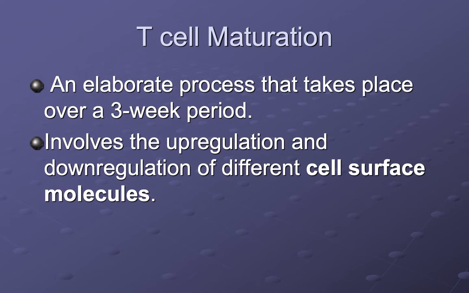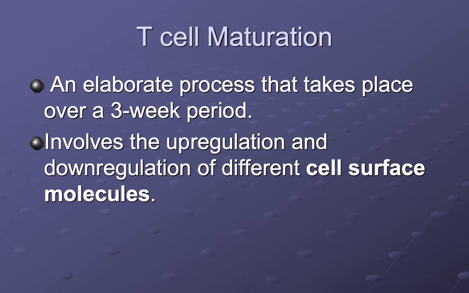You remember there are several subsets of T cells, right? Not only our CTLs, our cytotoxic T cells, and our helper T cells. We also have other more specialized effector T cell types.